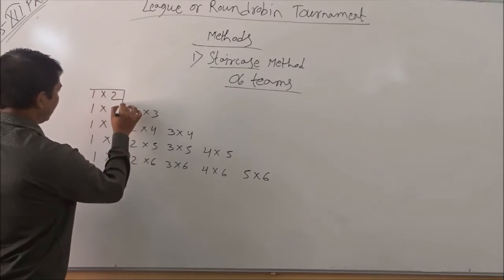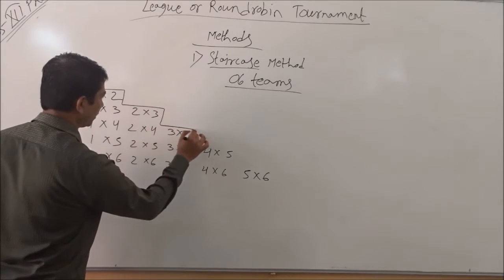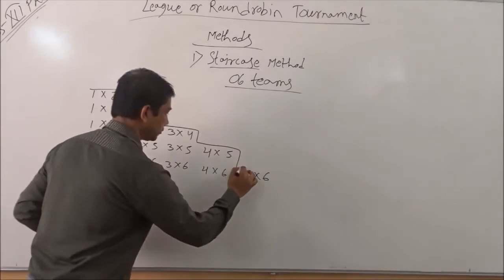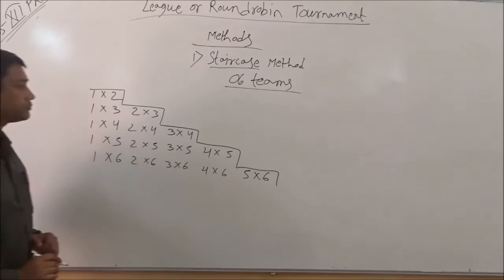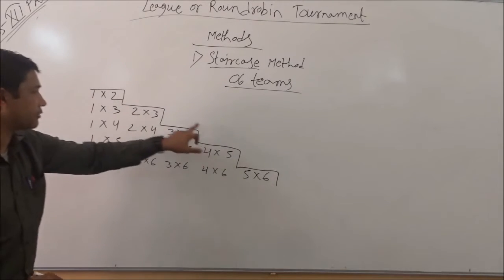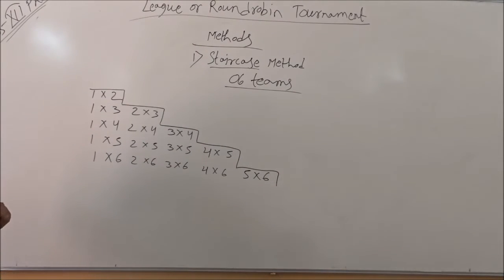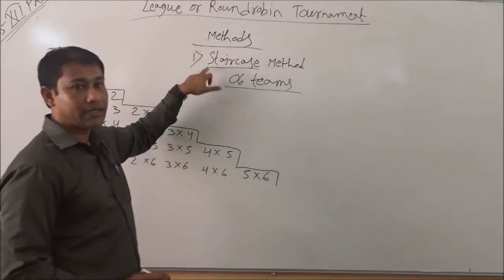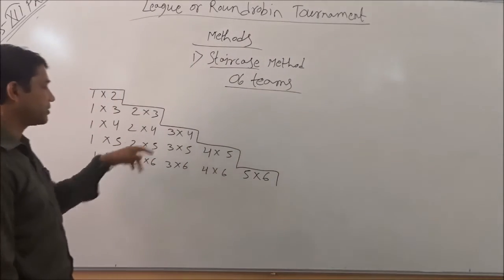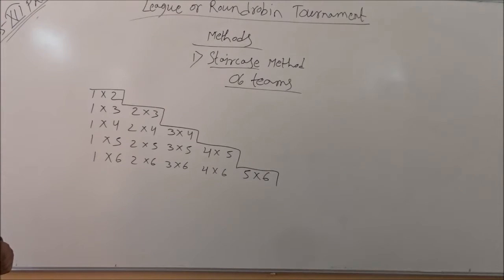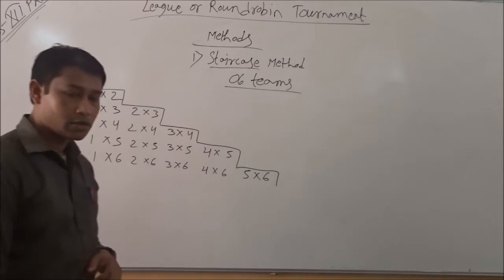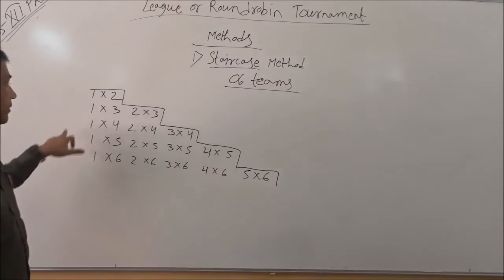Now, if I drag a line from the top, what does it look like? It looks like staircase. This is the reason why the name of the method has been kept staircase method. So, this is an example of even number of teams.